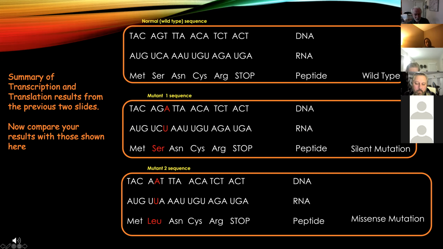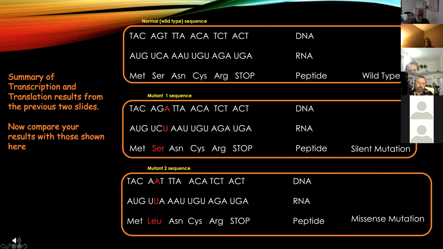So now instead of having a peptide that is Met-Ser-Asn, it's Met-Leu-Asn. So that's a real mutation because it caused a change. I shouldn't say real mutation. They're all real mutations. This is a mutation with consequence because it changed the sequence of amino acids. And since a single base pair caused it, it's called a missense mutation. So remember that.